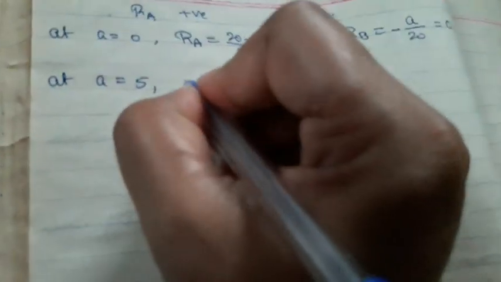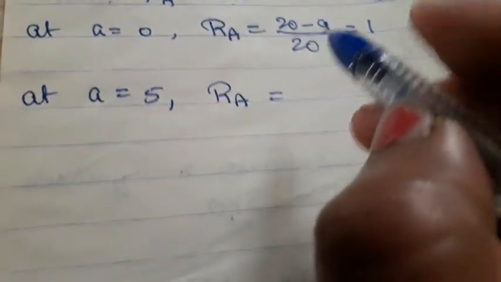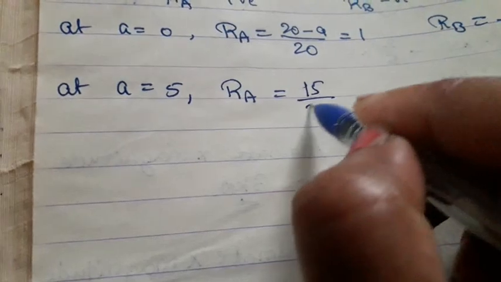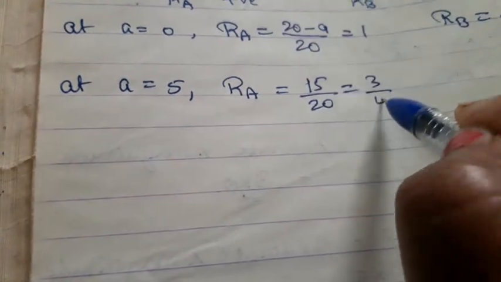And then at A is equal to 5 meter, RA is equal to 20 minus 5 by 20, that is 15 by 20, which you can write as 3 by 4.